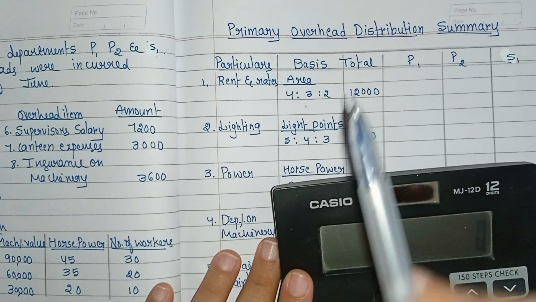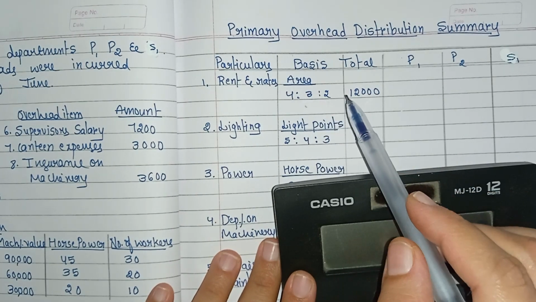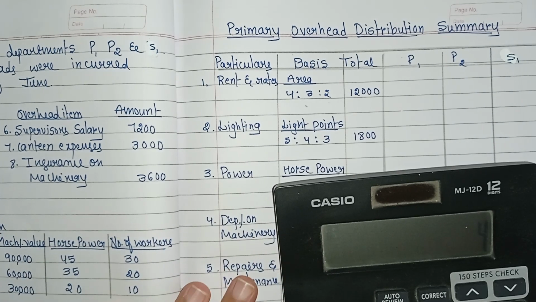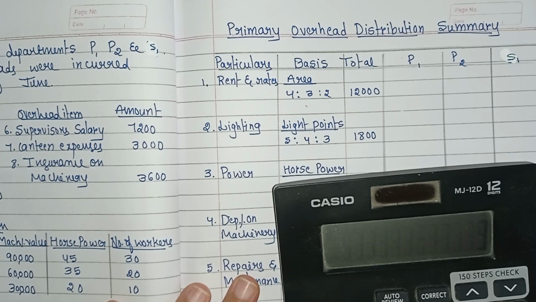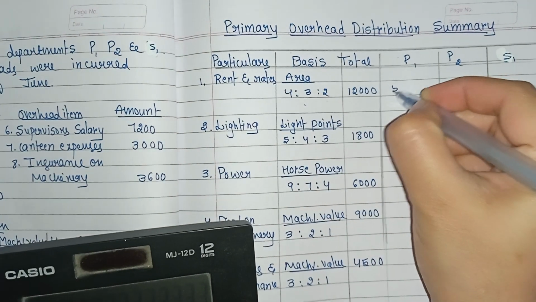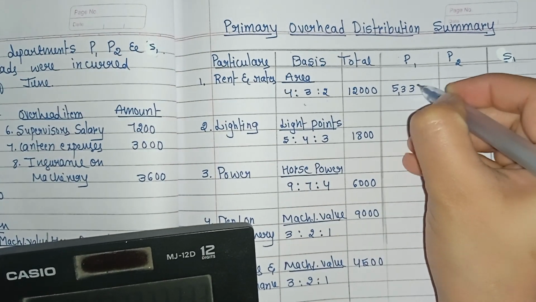So the total of 4 plus 3 plus 2 is 9. Right? So 12,000 into 4 for P1, where P1 means production department, divided by the total 9 equals 5,333. Write down 5,333.